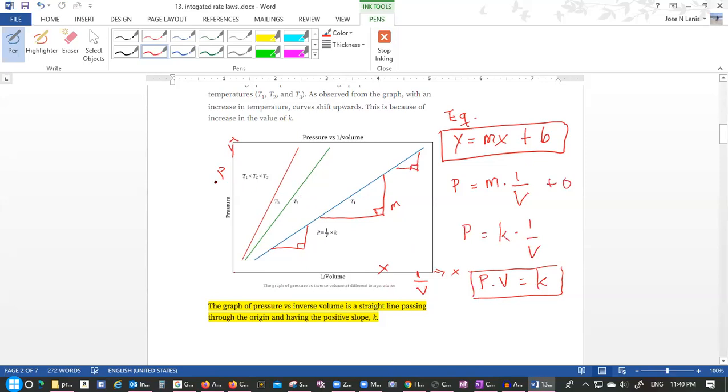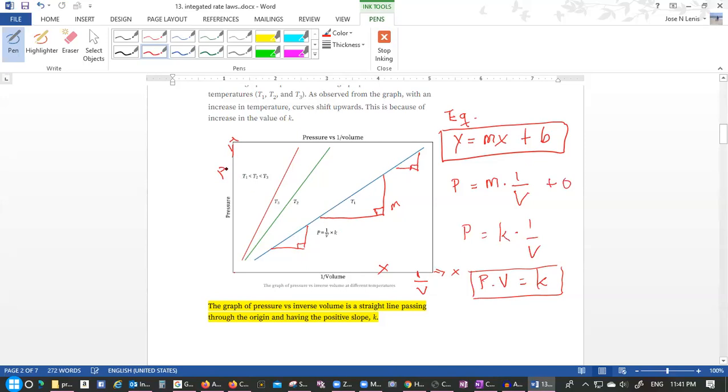So probably you want to do 1 over P. If you do 1 over P against volume, probably you get something crazy there, a shape. And that doesn't work. Then you do 1 over P against 1 over V, and you get something weird. And then you start playing with this. And then you do P over 1 over V, and then you get the nice, beautiful straight lines.